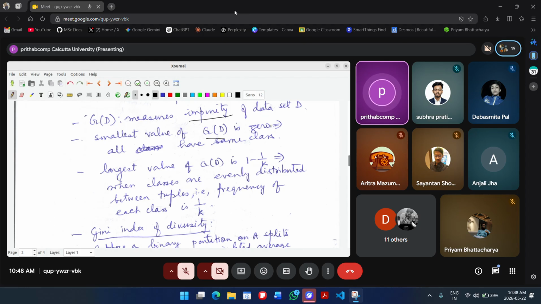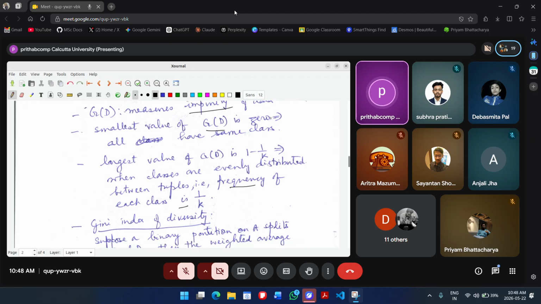So that means you have the same number of tuples for every class, so the classes are evenly distributed between the tuples. That is what I was saying, the frequency of each class is nothing but 1 by k.